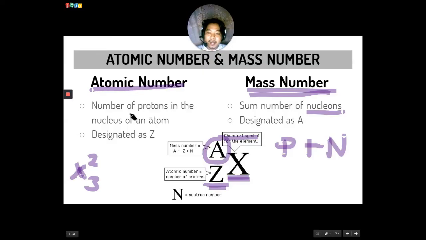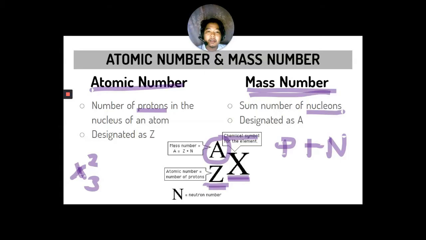Anyways, the atomic number is the number of protons. As I've been saying, the identity of an element is dependent on the number of protons itself. So, nakadepende ang identity ng isang element kung ilan ang proton niya. So, when asked what element it is, we don't need to ask for its apelido, or rather, its complete name as an atom.